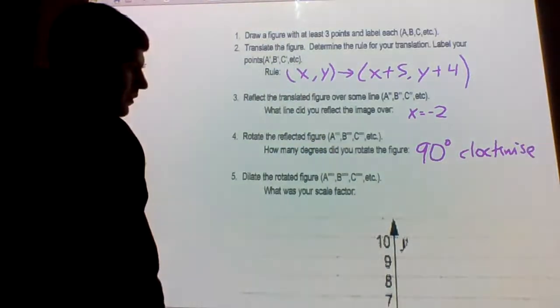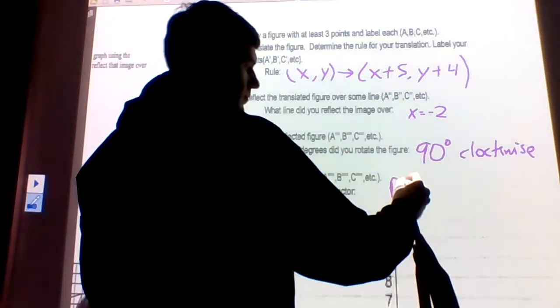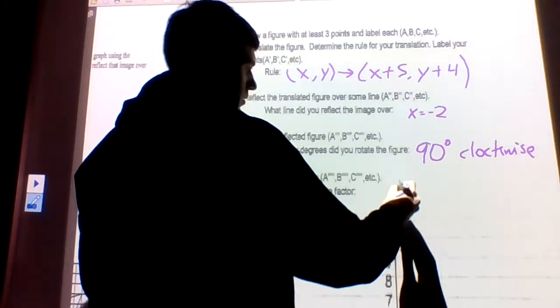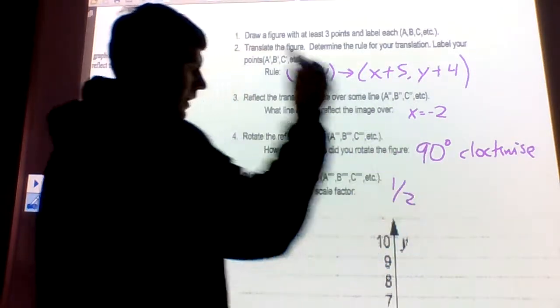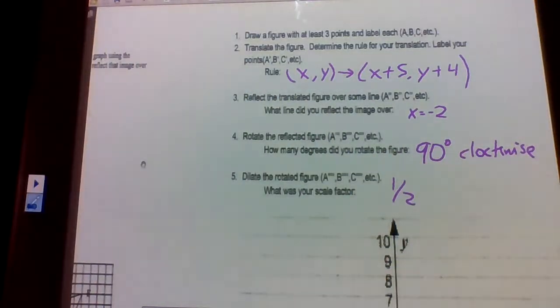Right, then I'm going to dilate by 1/2. So my scale factor will be 1/2. Let's see if I can remember that. Plus 5, plus 4, -2, 90 clockwise, 1/2.